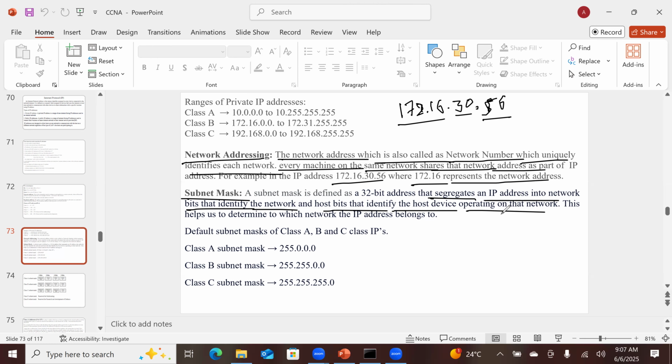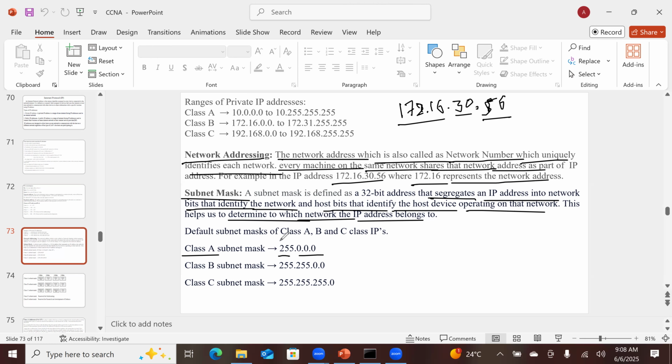What exactly is this? It defines which octet belongs to the network and which octet belongs to the host. This helps us determine which network IP address belongs to which class. For class A, the default subnet mask is 255.0.0.0.